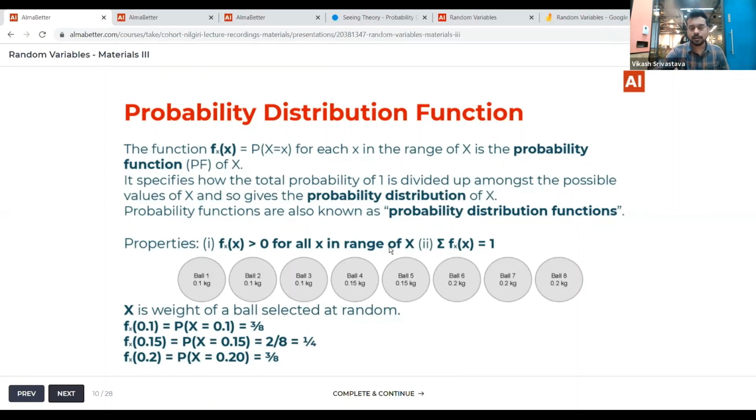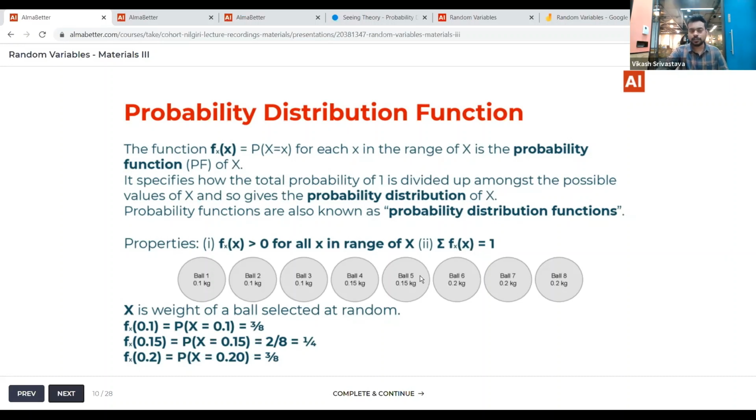Let me walk you through an example, and this notation will become much clearer. First of all, there are two important properties: f of x is greater than 0 for all x in the range of X, and the summation of f of x is equal to 1.